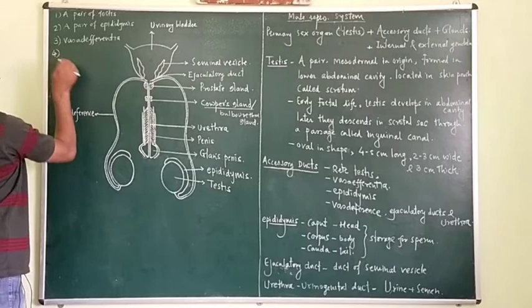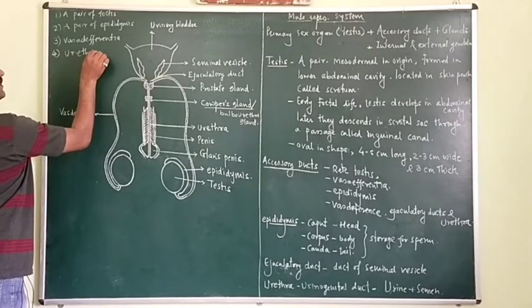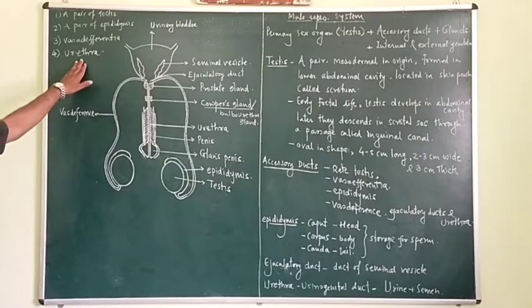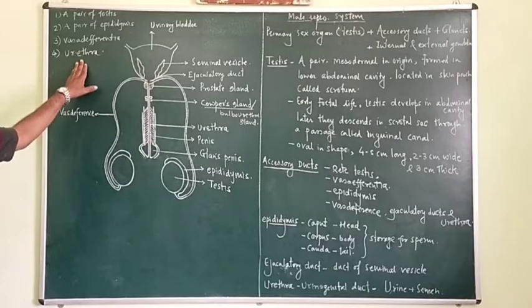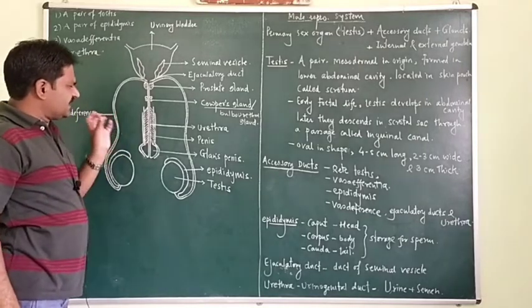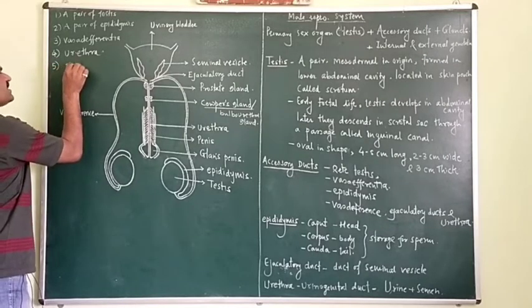Next structure forms a urethra, which carries urine as well as semen. That's why urethra is also called urinogenital duct. Then the particular structure which contains urethra is called penis, that is the external genital organ, penis.